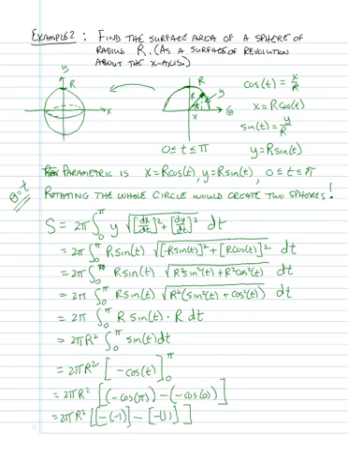So what we end up with is 2 pi r squared times a 1 plus a 1, which becomes, of course, 4 pi r squared. So the surface area of a sphere of radius capital R is 4 pi times capital R squared.